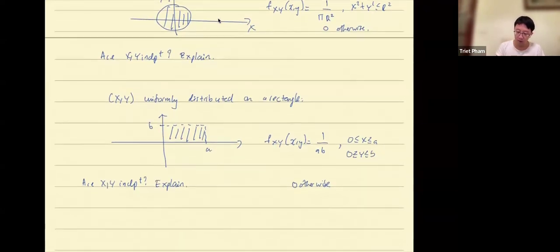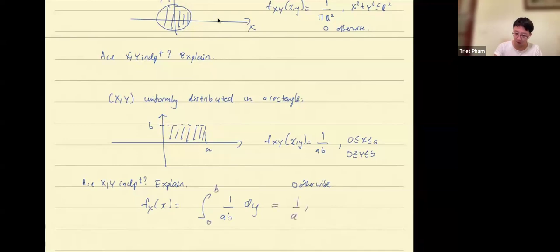Okay, so let's start with this because it's easier. The marginal here is what? Integrate out the y, right? But y goes from where to where? As we explained, for any value of x, y goes from 0 to b.